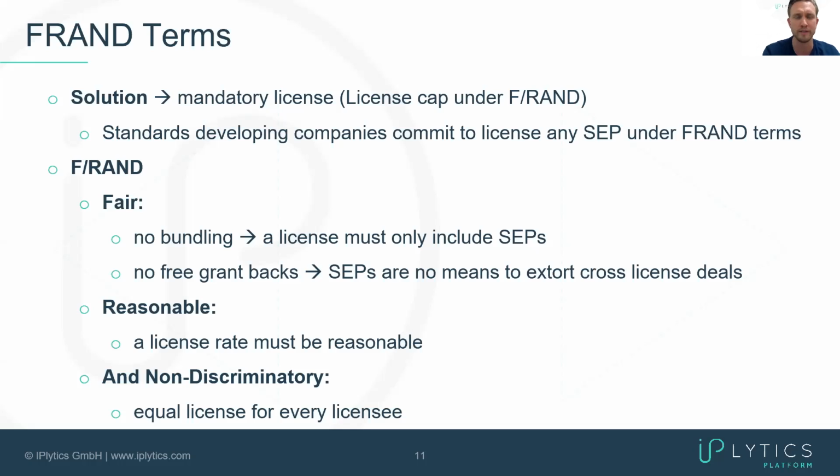The license must be fair. Reasonable, and that's the most difficult part about it, is how much, right? How much do I have to pay to get access to those patents? And it's very hard to answer that. There's a lot of litigation, a lot of disputes about what is a reasonable rate. And it typically breaks down to a license fee, right?